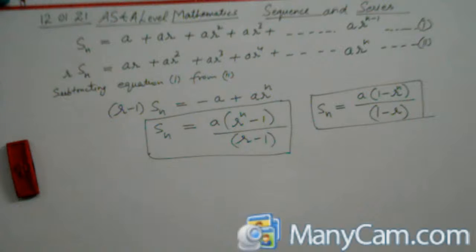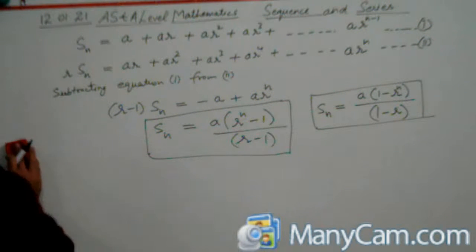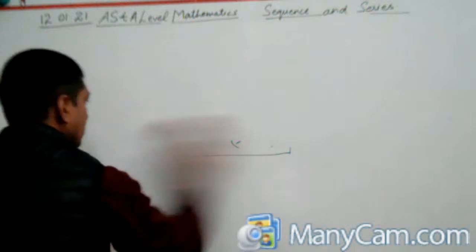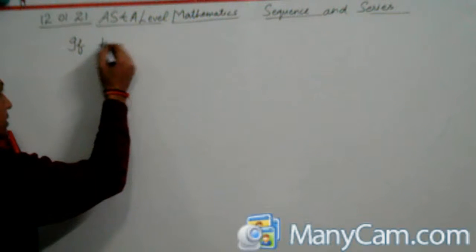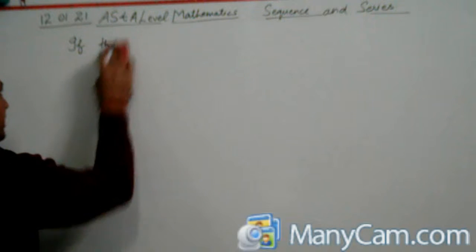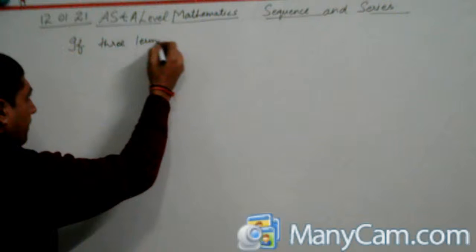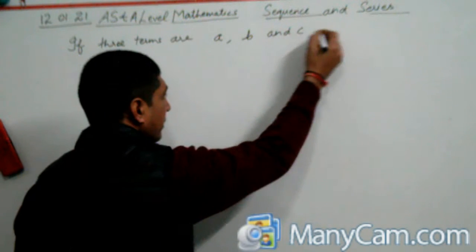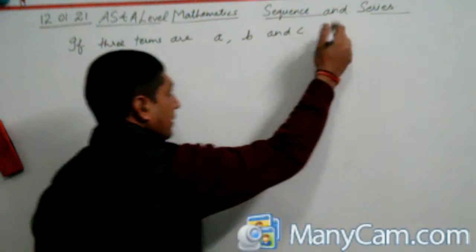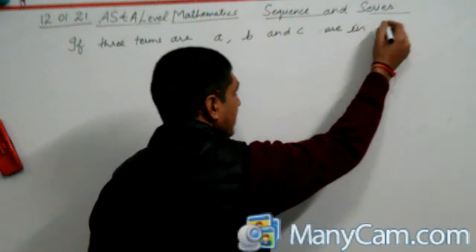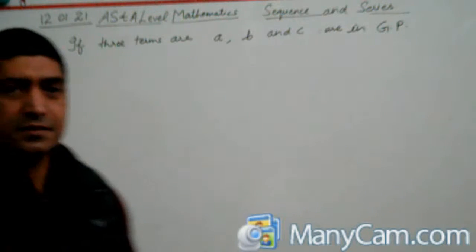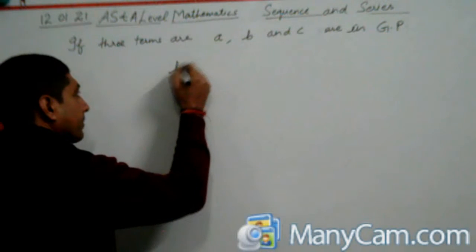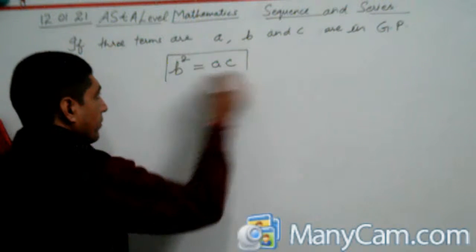If three terms A, B and C are in geometric progression, then we have B square always equal to AC, right?